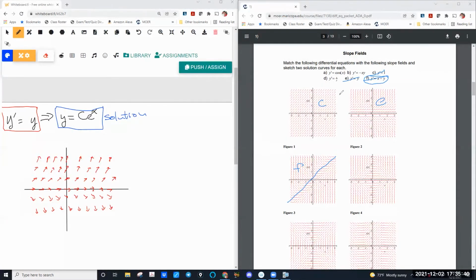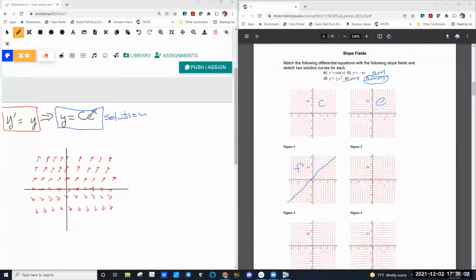Okay, so this is a tough one. All right, so here's the problem with it being D. Here's what I like about D for figure 2, or figure 4, sorry. When x is 0, we should get horizontal slopes. So along the y-axis we get horizontal slopes.